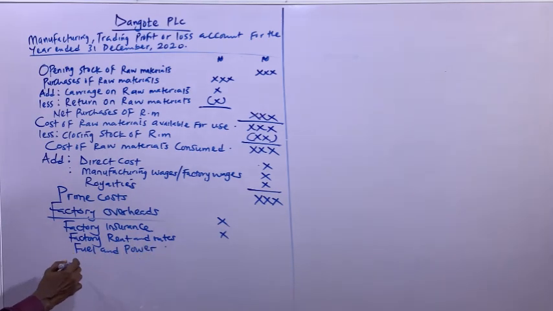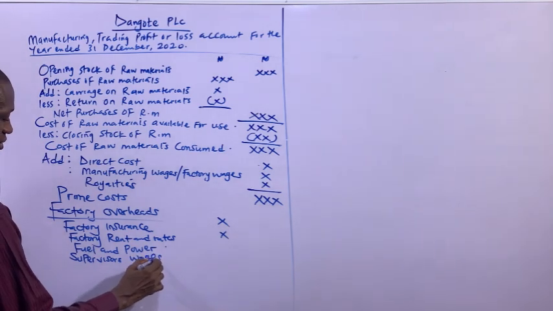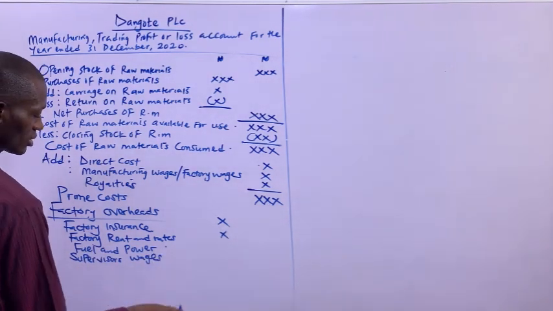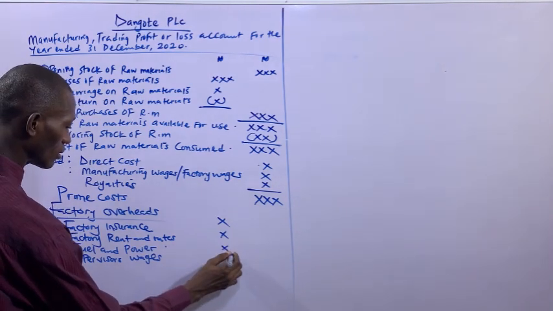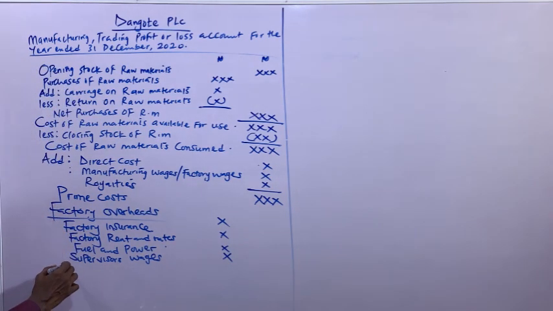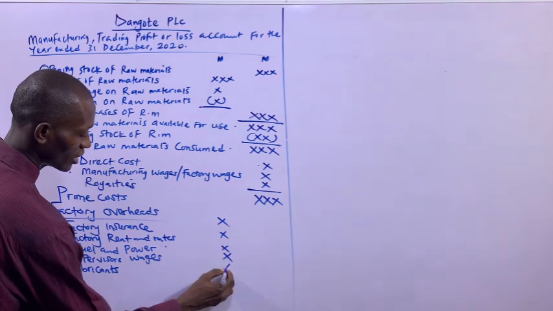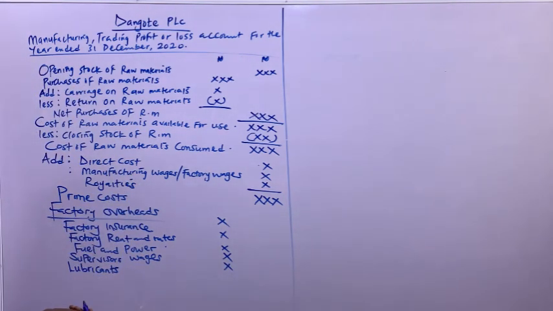We could have supervisors' wages. Most times, supervisors' wages is an indirect cost. Then you can have lubricants. That's oiling your machine and all that; they are also incurred in the factory.